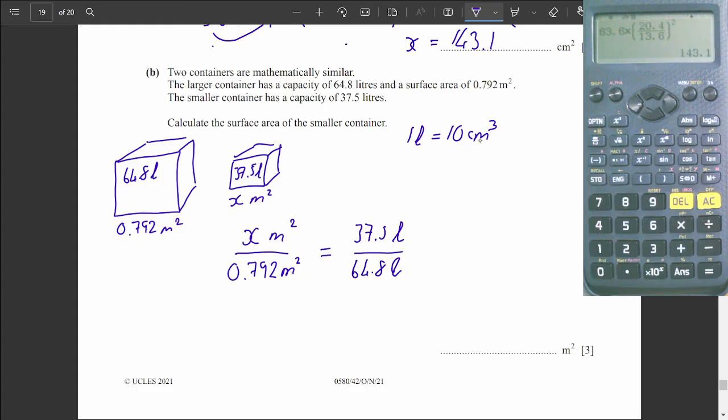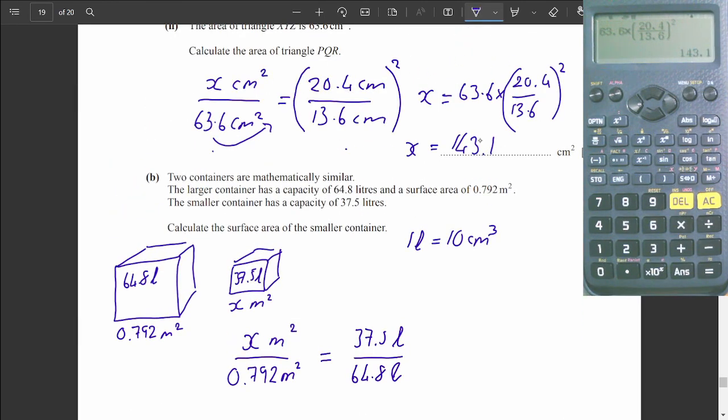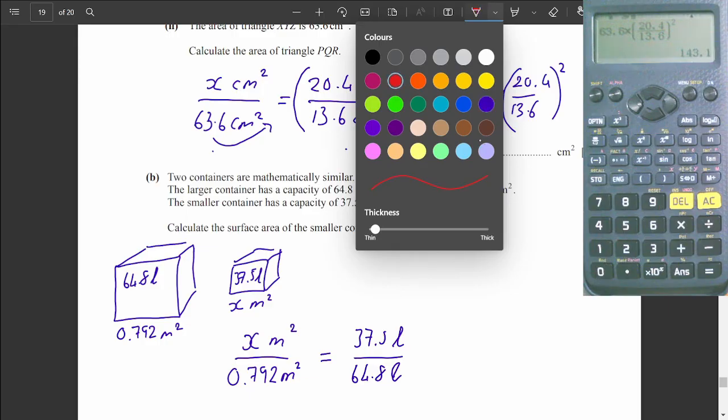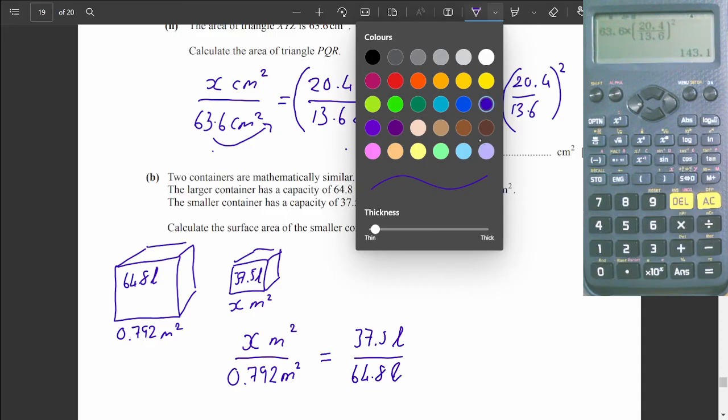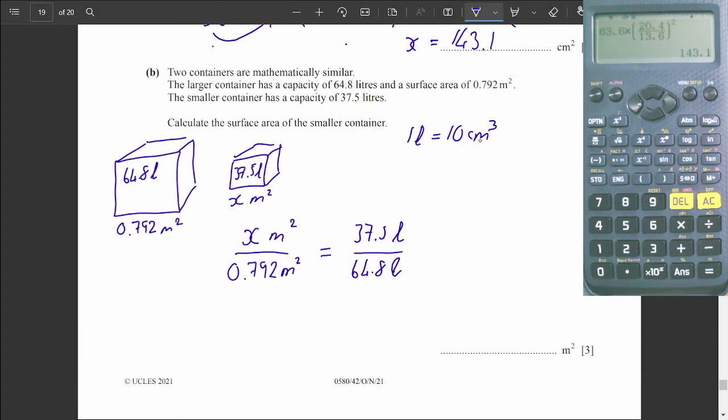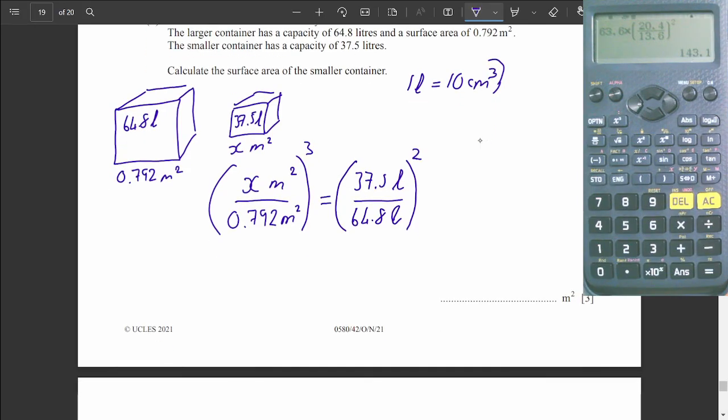So it means that my ratio on the left is area, and my ratio on the right is volume or capacity. And like we did before in the previous question, we need to get that equal, and we did that by squaring the linear scale factor. So to make sure we get both as an area scale factor, we're going to have to square it on this side, but also because this is centimeters cubed volume, we're going to have to cube it on this side to make the scale factors equal. Okay, it's one way of explaining this.